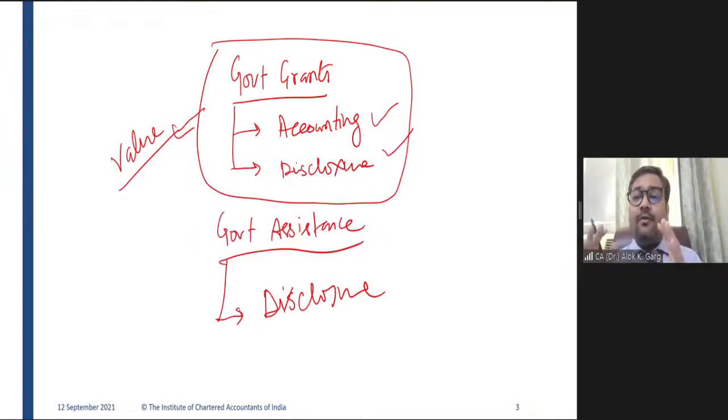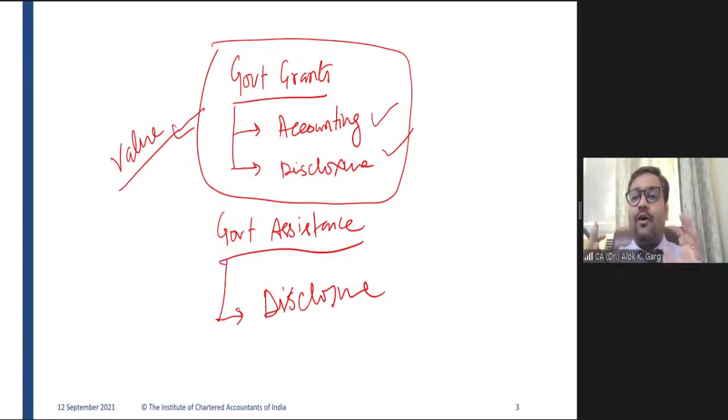But if the government is supporting an entity or an industry at large, for example, to promote the pharmaceutical industry, the government has provided an open bidding forum or a tender platform free of cost to all the pharmaceutical companies, then it is just a government assistance.